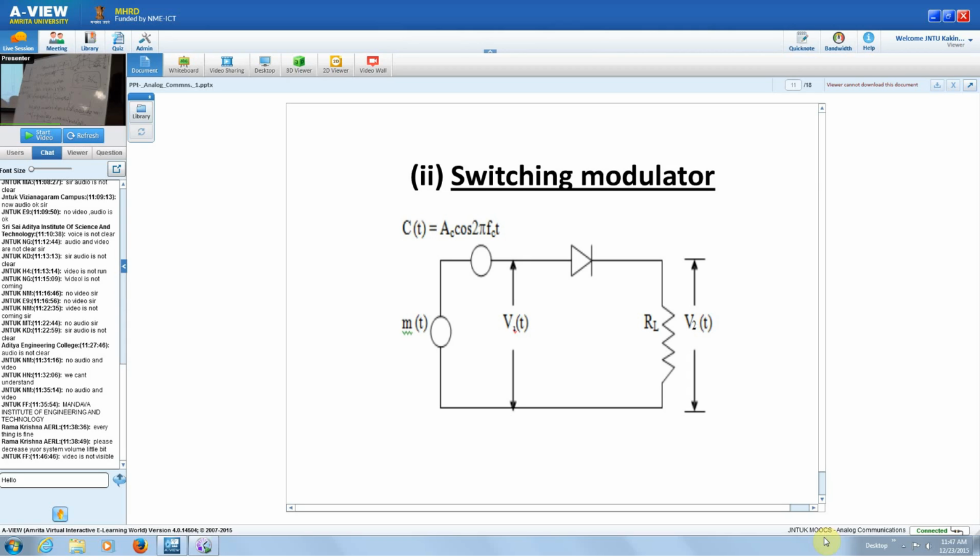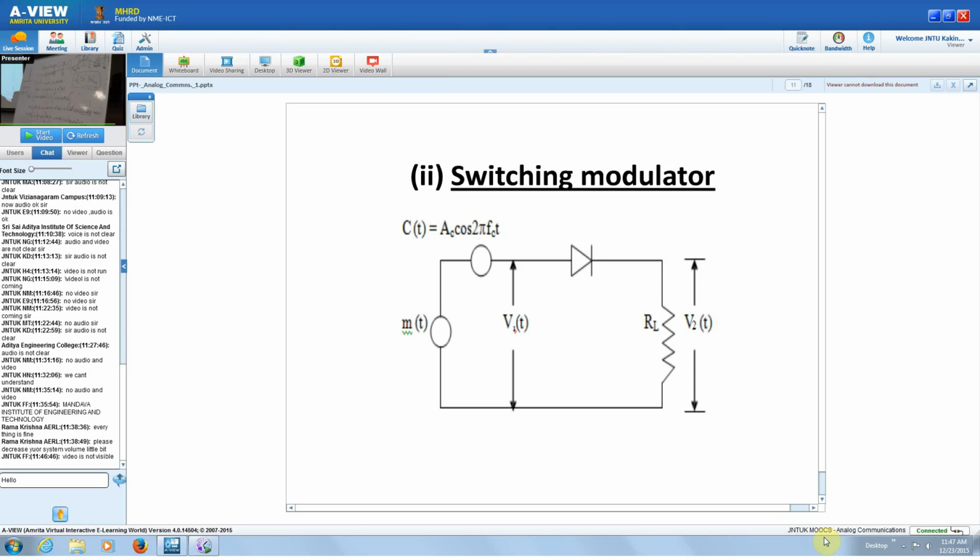So when we have this diode off, when C of t is less than 0, the diode is reverse biased. So what will be the output? 0, because there is no connection between the input and output, V1 of t and V2 of t. Because this is reverse bias, infinite resistance is there, therefore it is an open circuit.